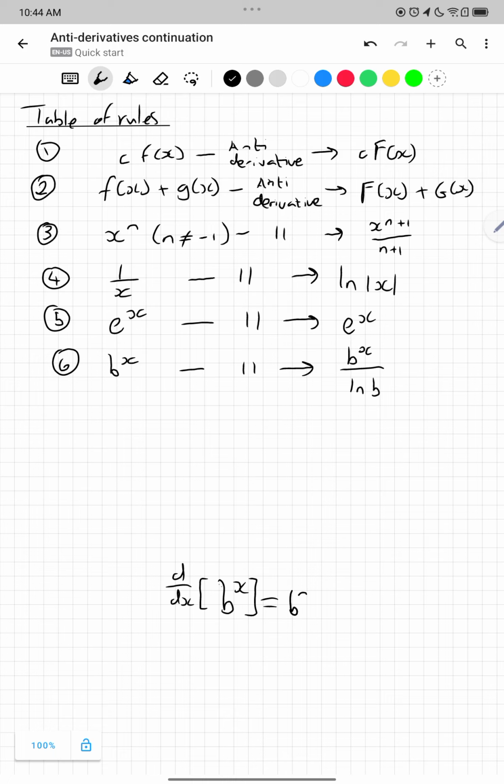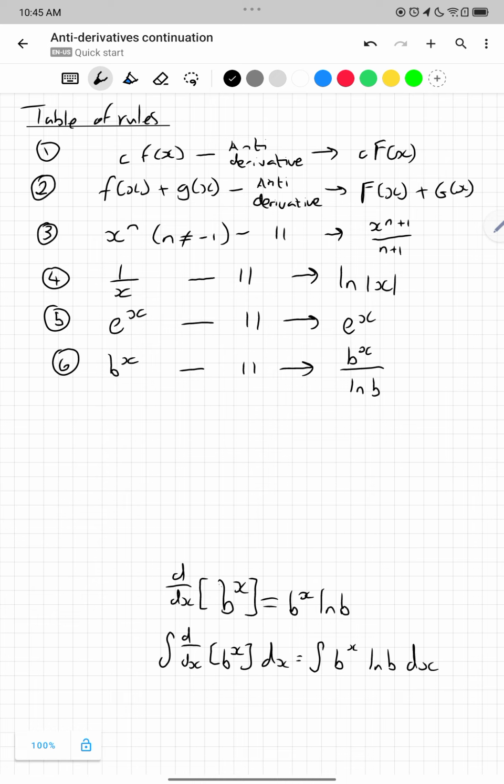The antiderivative of this with respect to x is equal to the antiderivative of this with respect to x.